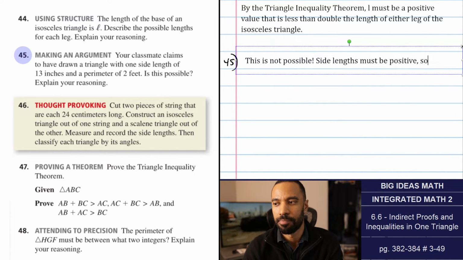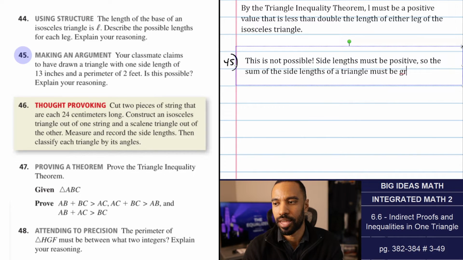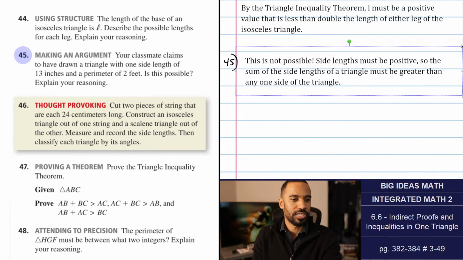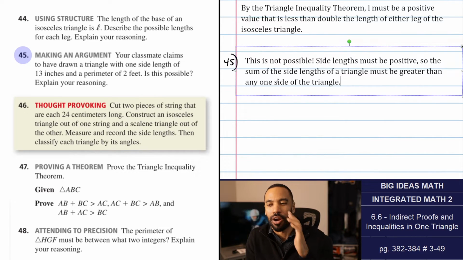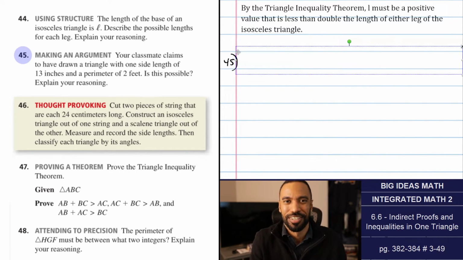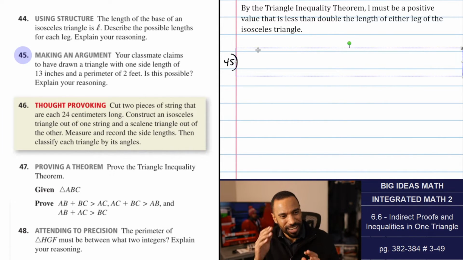So the sum of the side lengths of a triangle must be greater than any one side of the triangle. This is not only not greater than, it's significantly small. Oh, I'm sorry, 2 feet. I thought it was the same units. Hold on a second. Let me go back. Guys, I'm really sorry about that. I'm like, what are they talking about?